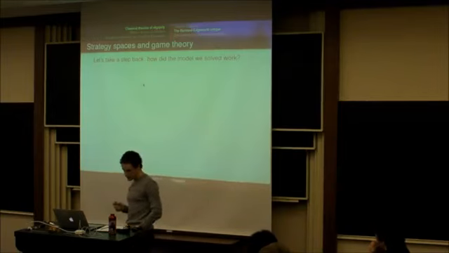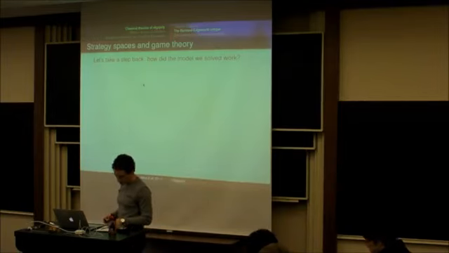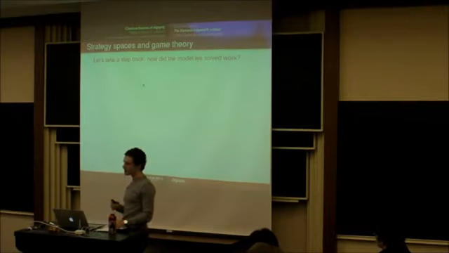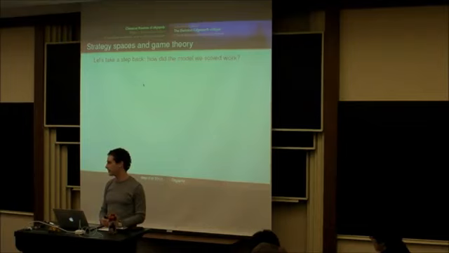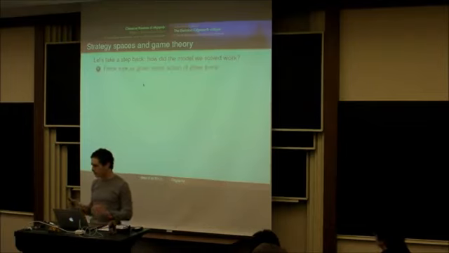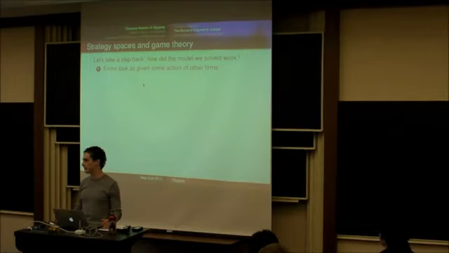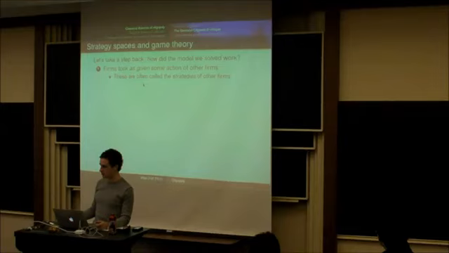Okay, so let's take a step back and ask what was the process that we went through to solve this model, right? So we said that the firms took as given some action taken by the other firms, right? Why would they do that? Well, that was just the assumption we made.